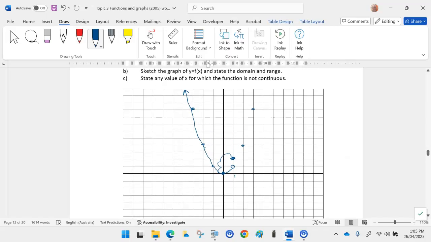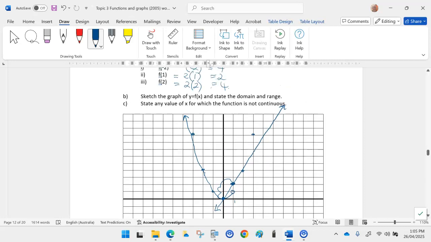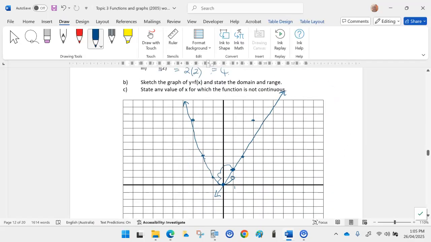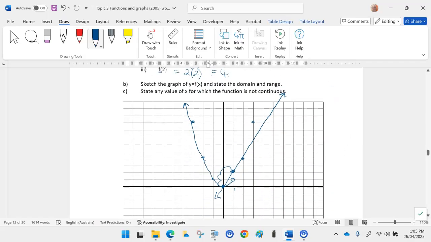So if I was to draw a straight line through them, it would go through something like this. Beautiful. Except I don't need all of that graph. I only need it for values of x greater than or equal to 1. Where is x equal to 1?